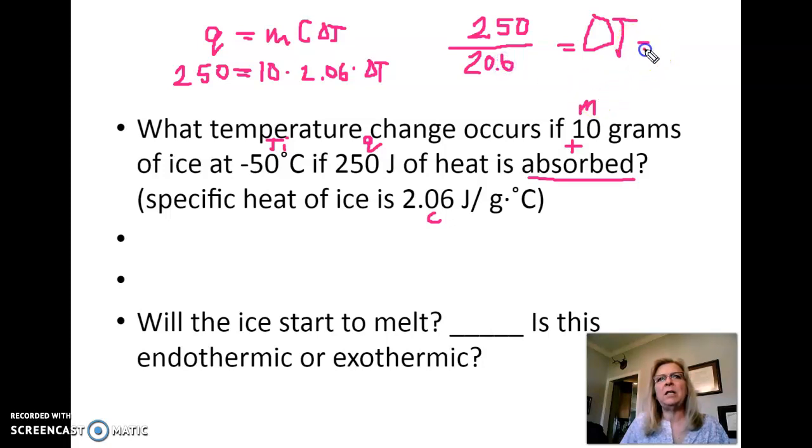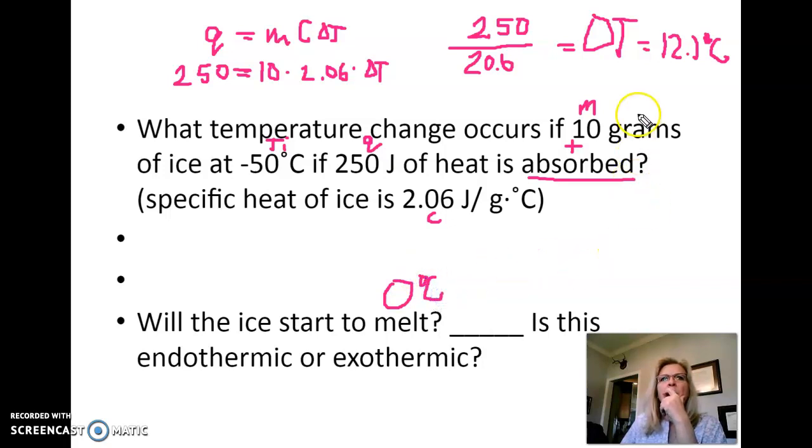So our change in temperature, using our calculator, 250 divided by 20.6, is a total of 12.1 degrees Celsius. All right. So the change in temperature came out to 12.1, and the question is, will the ice start to melt? Well, let's remind ourselves that the ice starts to melt at 0 degrees Celsius.